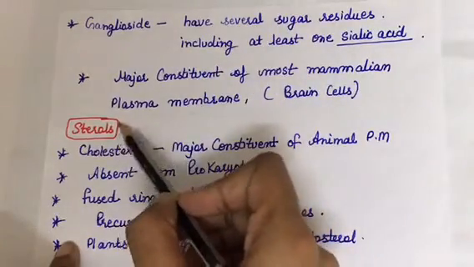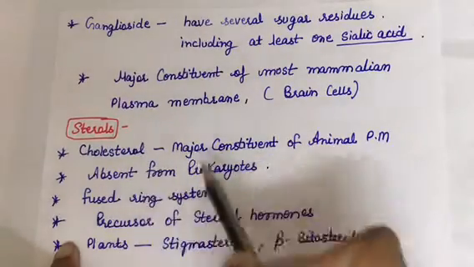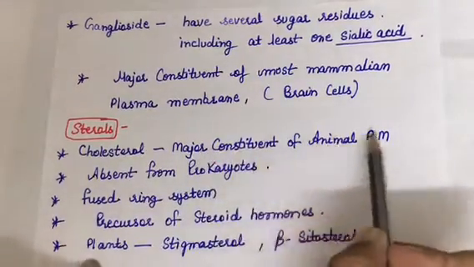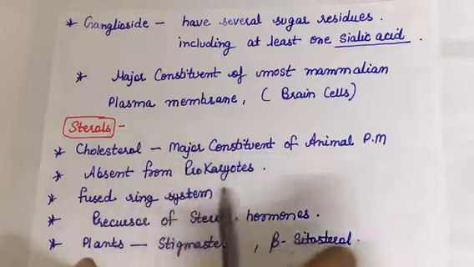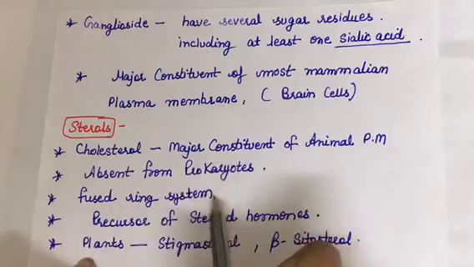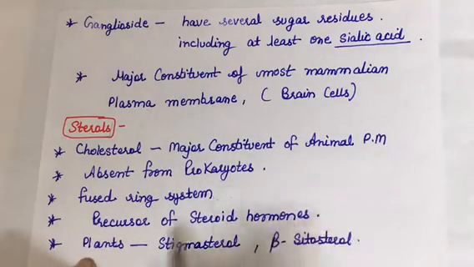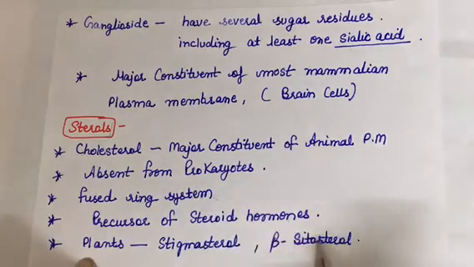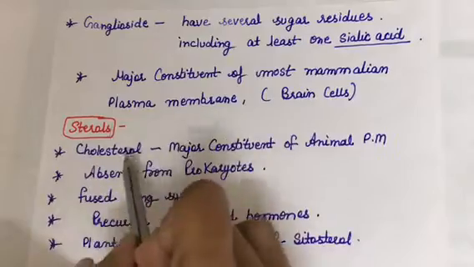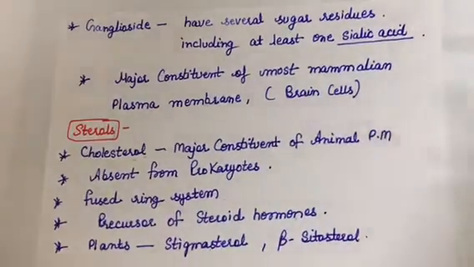Now let's talk about sterols. The sterol cholesterol is a major constituent of animal plasma membrane. It's absent from prokaryotes. Its structure is a fused ring system. It's a precursor of steroid hormones. Plants have sterols in the form of stigmasterol and beta-sitosterol. I'll talk about this cholesterol in detail in my coming tutorials.